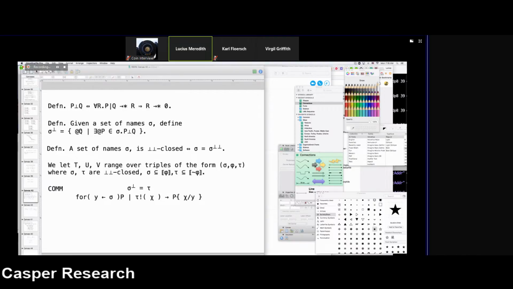So these are names of contracts that annihilate some contract, the name of which is in sigma. So that's what sigma perp is.